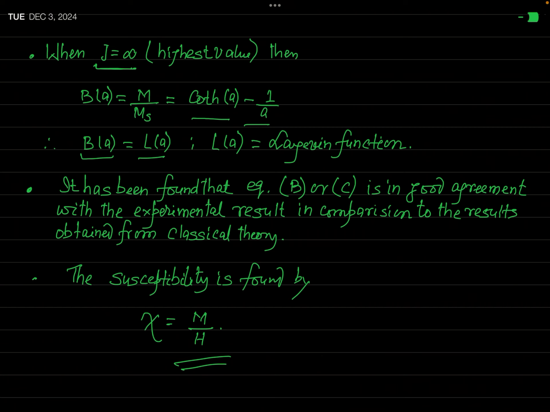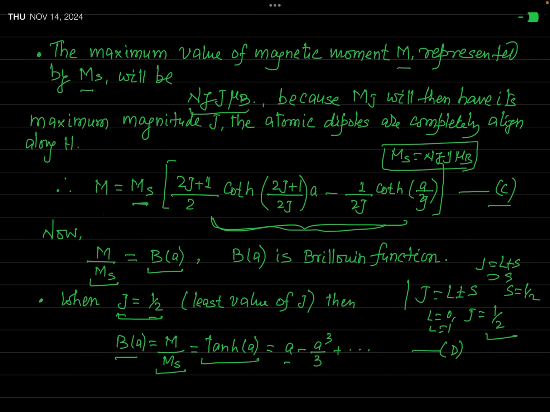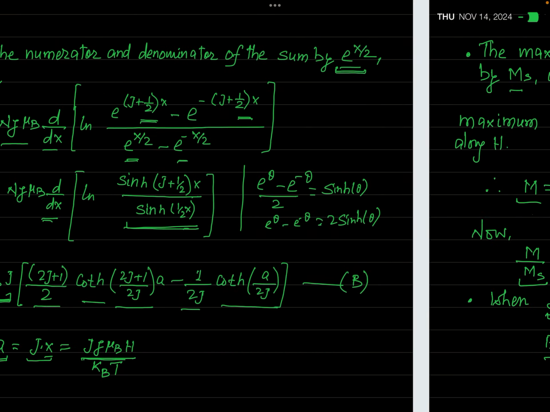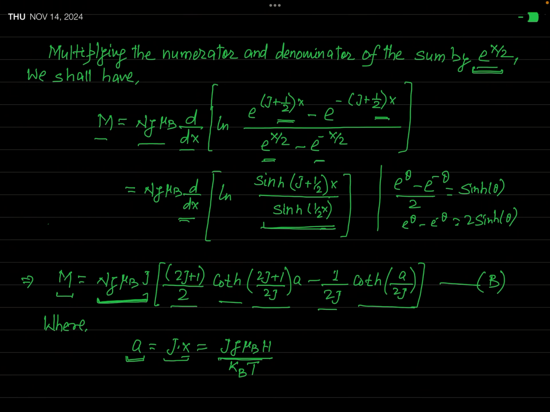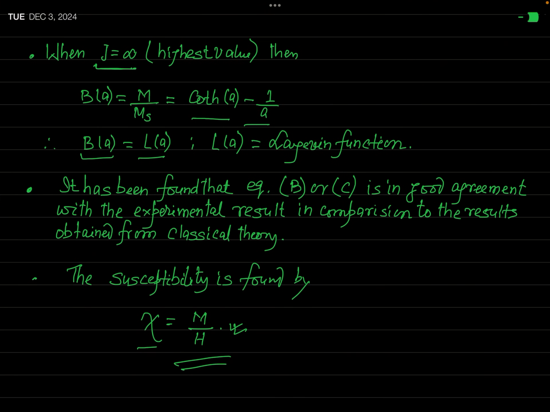So in this way, we have obtained the value of magnetization, and once you know the value of magnetization, dividing it by the magnetizing field H, we can get the value of magnetic susceptibility chi. You can do it. Now let us see this result for magnetization M, or the result defined in B, both are the same. Actually, it is found that the results B and C are in good agreement with the experimental result in comparison to the results obtained from classical theory.